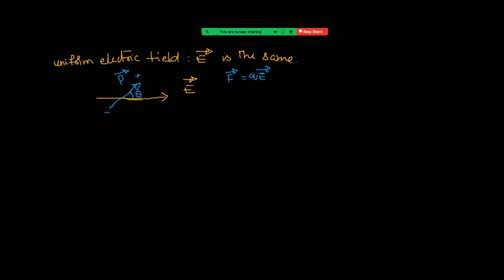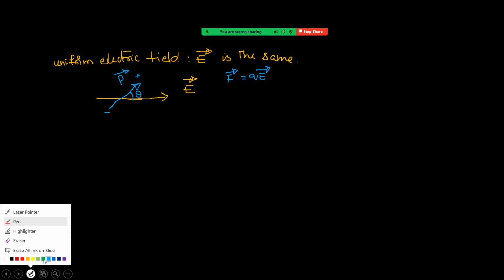If the charge is positive, the force will be along E bar. Here, this is a positive charge and the field is to the right side, so the force is also to the right, like this. I'm taking a different color to make it clear.